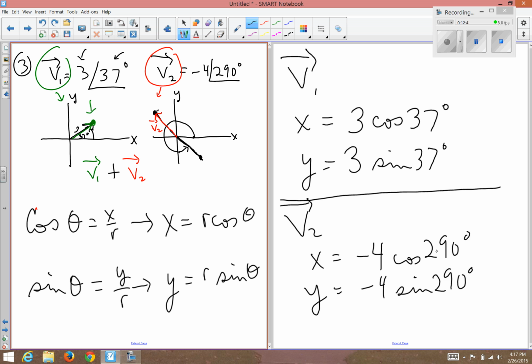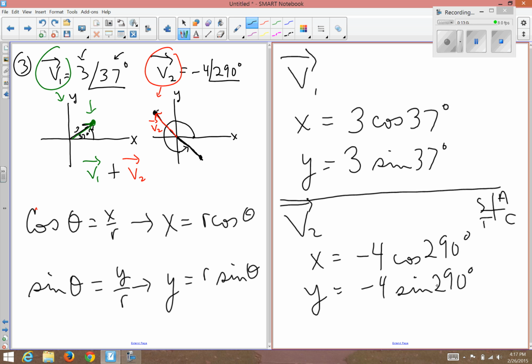Just think about this, that 290 degrees is in the fourth quadrant. The cosine of a fourth quadrant angle is, I mean, the cosine of a fourth quadrant angle is positive. This is a -4. A negative times a positive is a negative. In the second quadrant, x is negative.